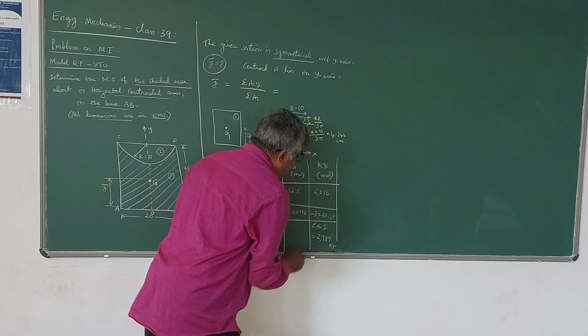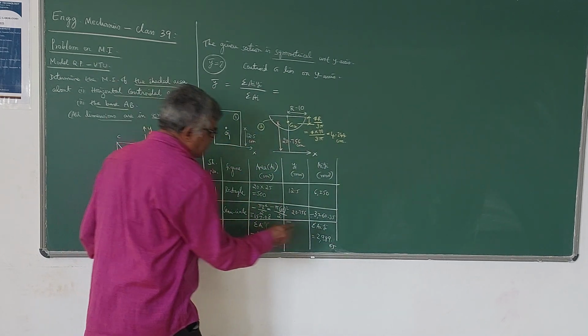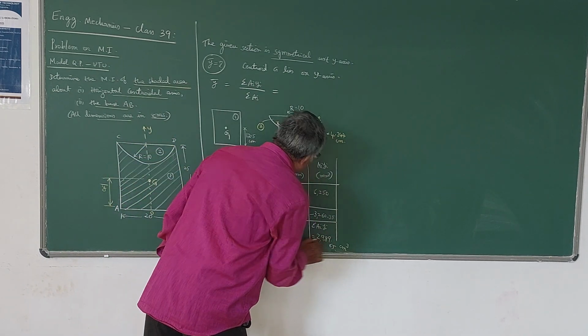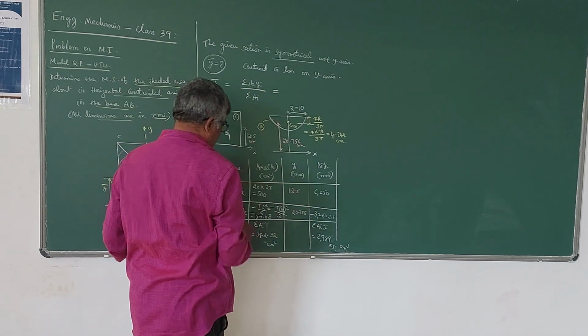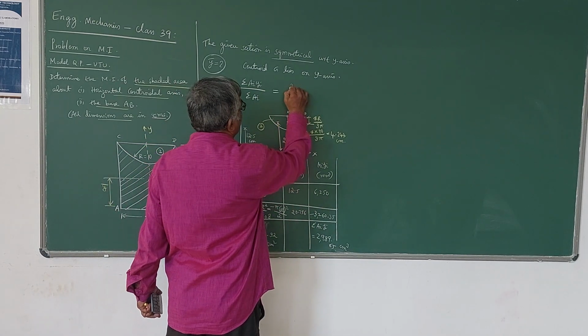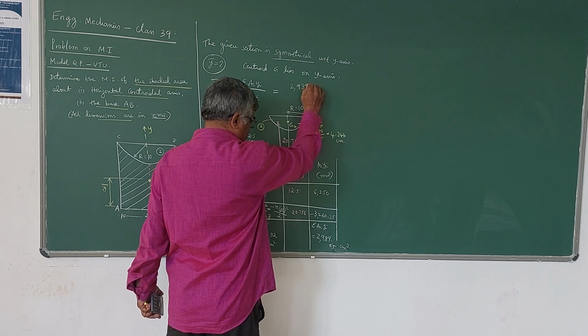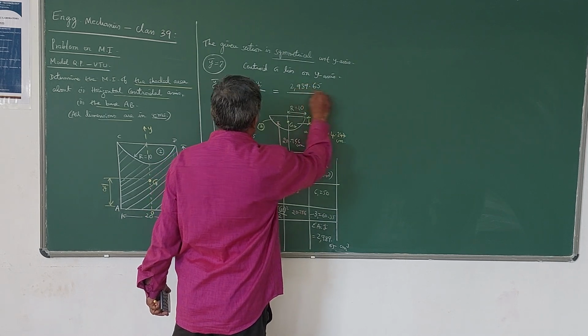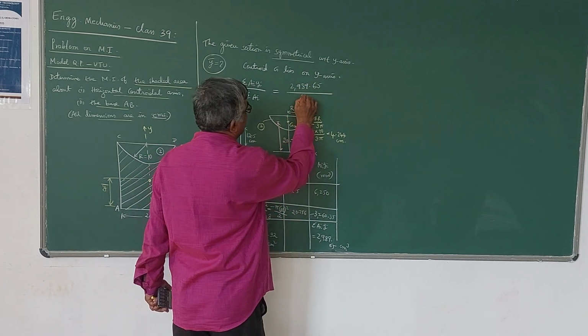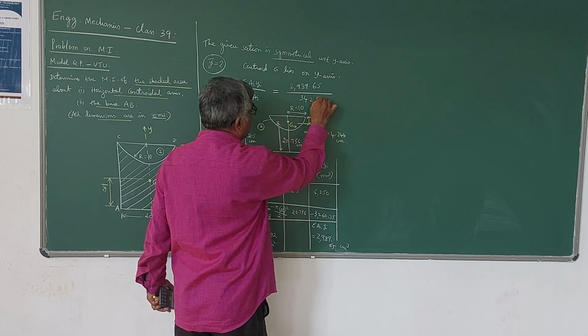2989.61. This is in centimeter cube. Now we have to substitute these values here to get the value of y bar. 2989.61 divided by sigma A, which is 342.92.